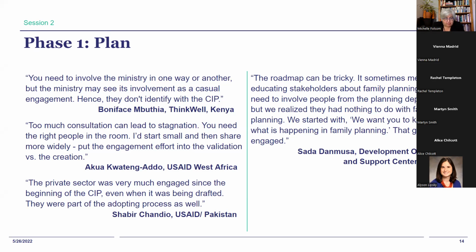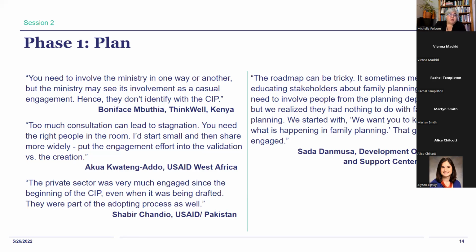So phase 1 is really all about planning. And the first step is really looking at stakeholder buy-in and resource mobilization. And there was a wide range of answers and approaches used in terms of how you got that stakeholder buy-in. And a lot of it depended on where the country is in the evolution of its family planning program.